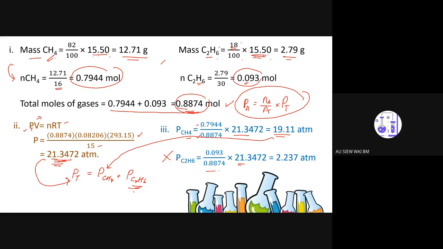So actually you don't need to use this formula. If you can see the application of Dalton's law, you can use this one. So P C2H6 equals the P total minus the P CH4. So you still will get the same answer. So this one I showed you two methods to solve this problem.